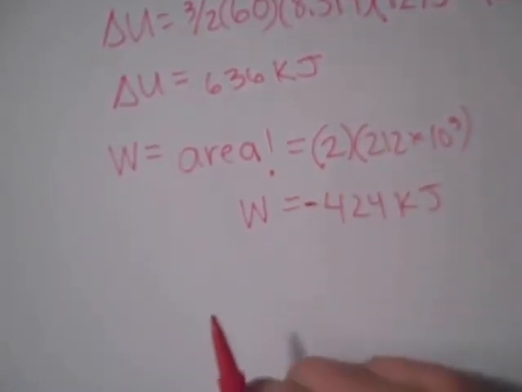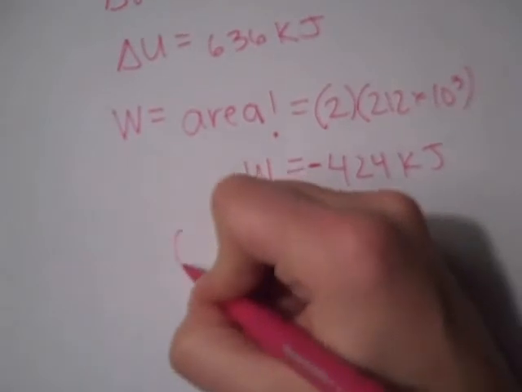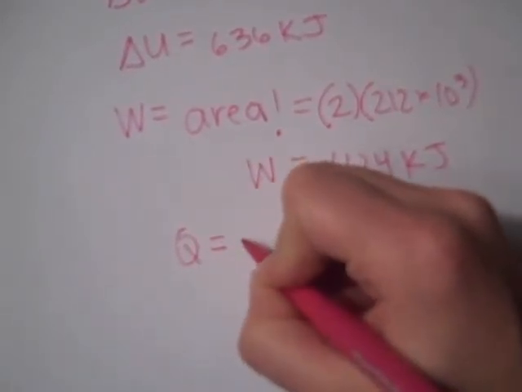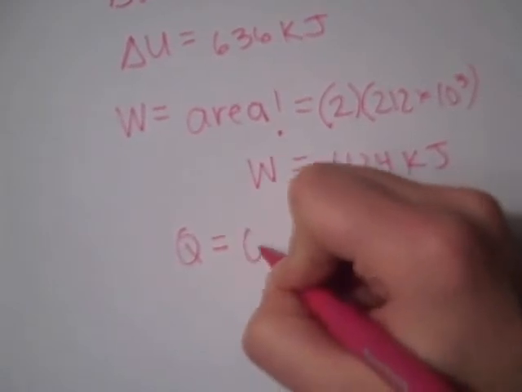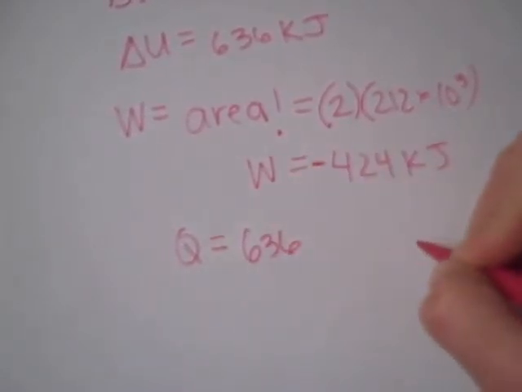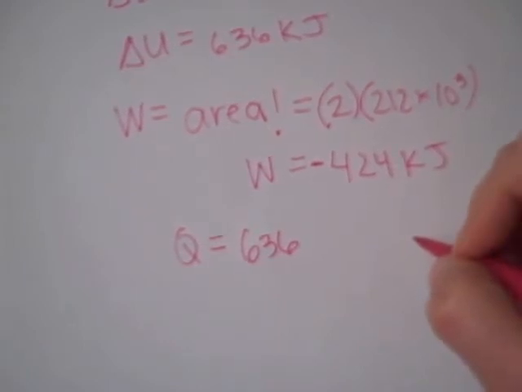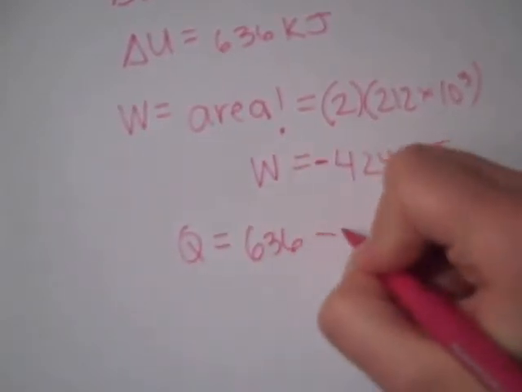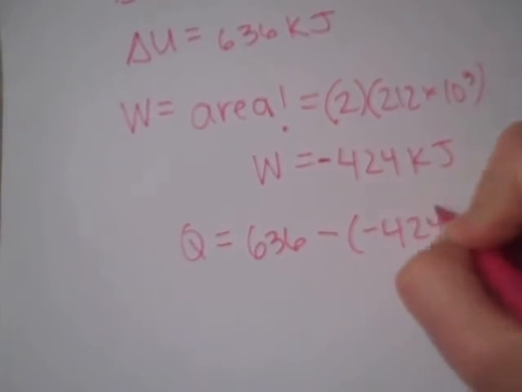And so now, putting it all together with the first law of thermodynamics, I have Q equals delta U, which is 636, minus my work, which is negative 424.